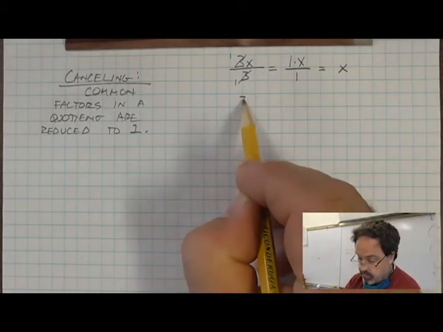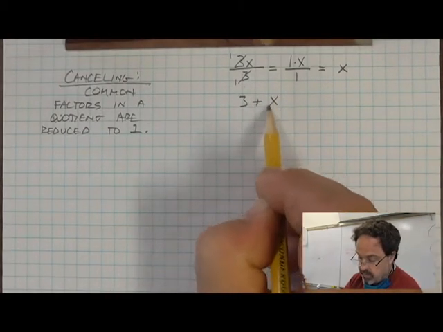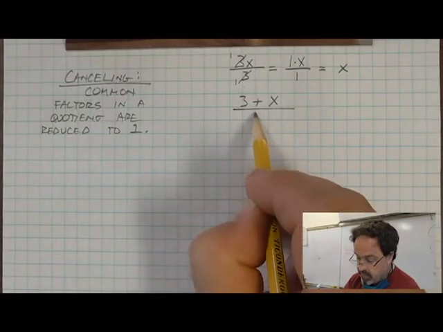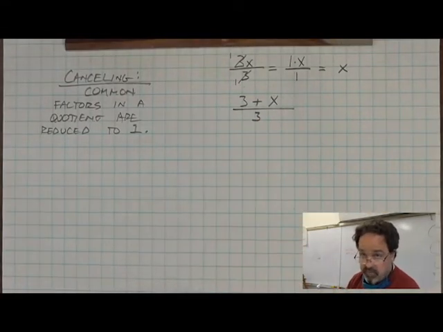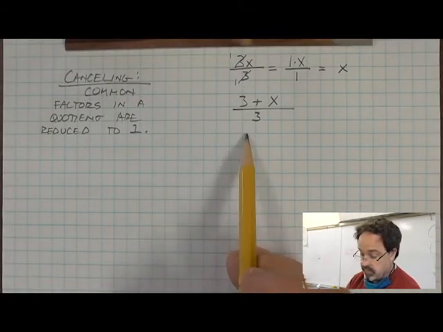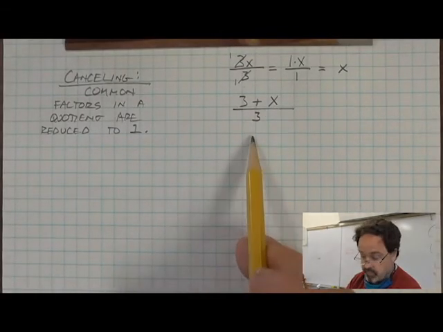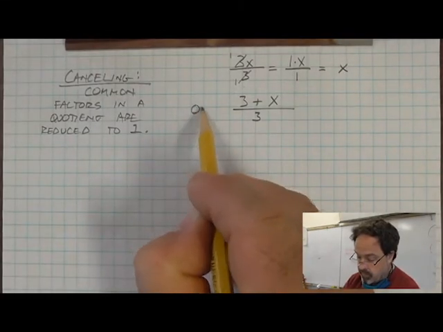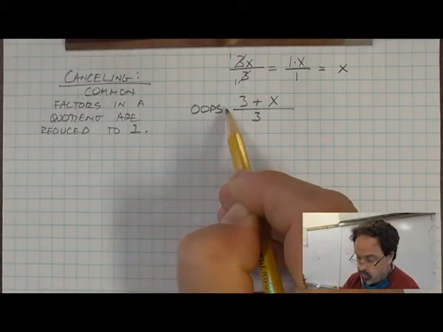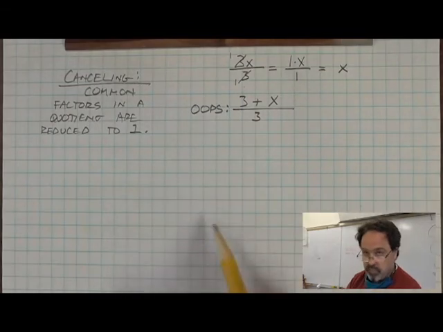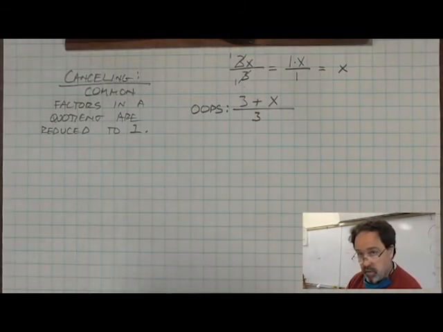We have to be careful, and understanding what canceling is can save us from making a very common mistake when we see something like this. We have a quotient. This is 3 plus x divided by 3. But I'm going to write an oops here because I'm going to do something that shows a common mistake.